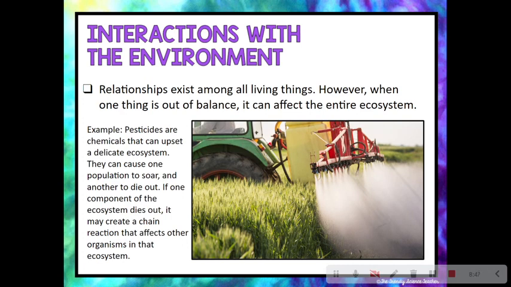However, when one thing is out of balance, it can affect the entire ecosystem. For example, pesticides are chemicals that can upset a delicate ecosystem. They can cause one population to soar and another to die out. So, if one component of the ecosystem dies out, it may create a chain reaction that affects other organisms in that ecosystem.